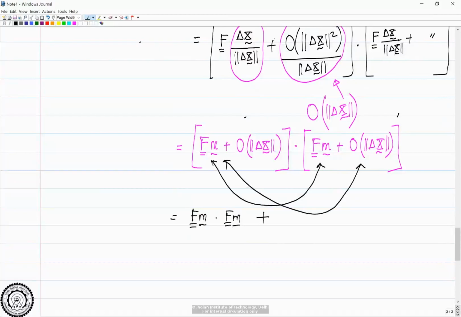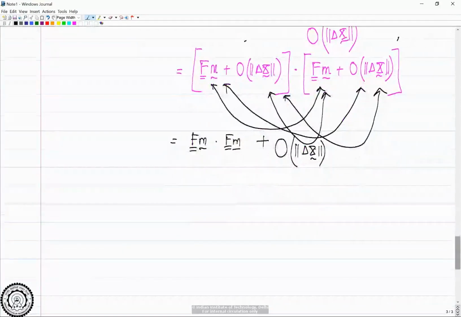So when they get multiplied, it becomes order of delta x only. Similarly, this one is also of the order of delta x. And these ones, they are of the order of delta x squared. So finally, everything can be written as O delta capital X. Is that fine?